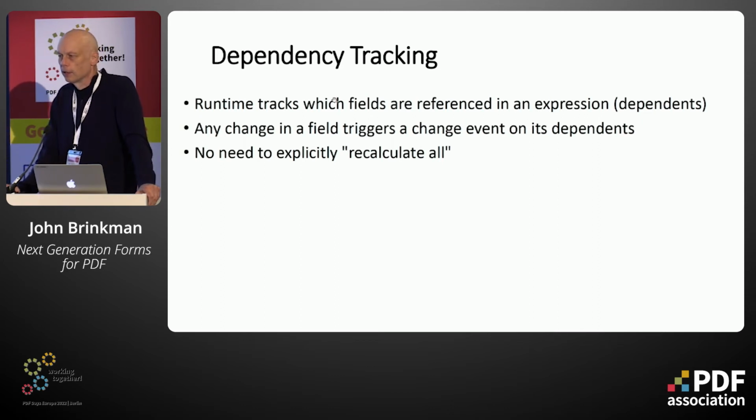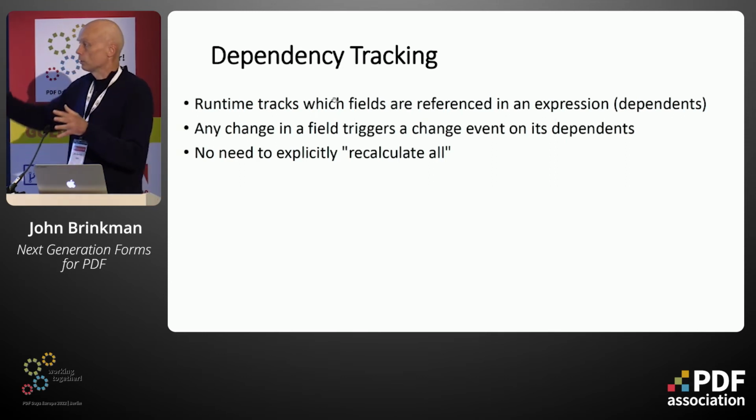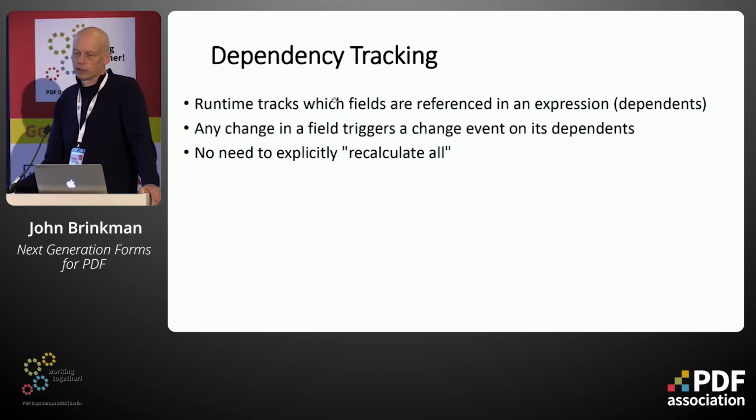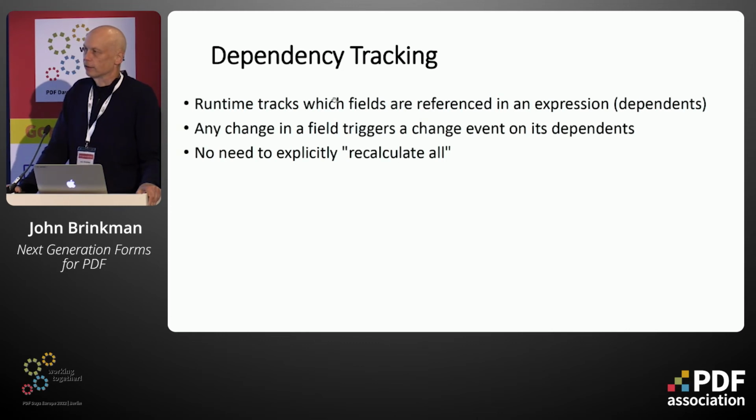So when a user updates a field, we ought to be able to say, well, I know these three other fields have calculations that use this field value, so I'm going to emit change events to them so that they'll intelligently recalculate themselves. And to that end, we expect not to have to burden the form author with any kind of a recalculate all or that kind of logic.